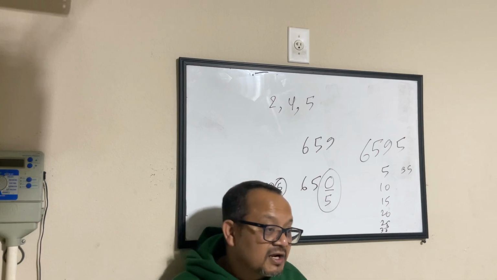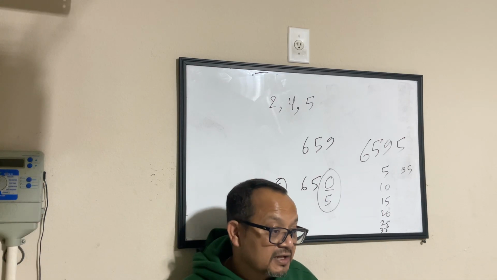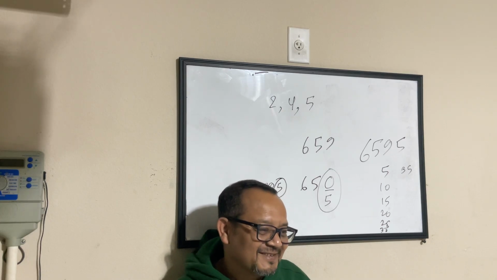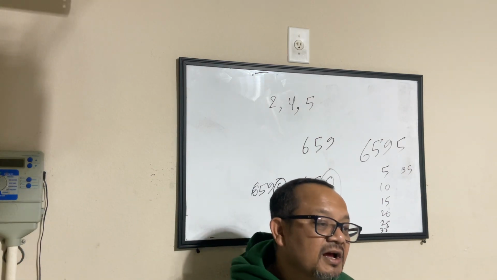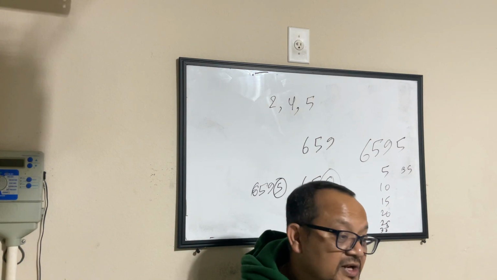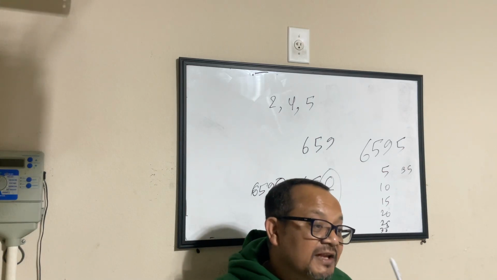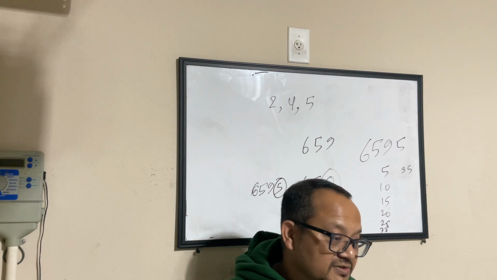If ever you find a number which doesn't have 0 or 5 in the unit place and you are able to get a perfect answer, let me know. You will not be able to get a perfect answer. You can get a solution with a remainder, or you can convert that to decimal. But you will not get a natural number as an answer, meaning something without a fraction, without a decimal. Okay?